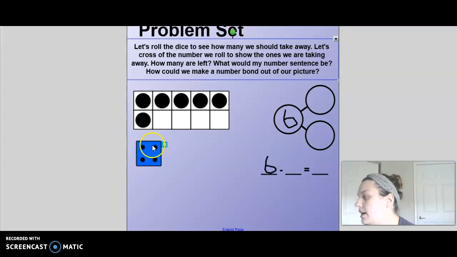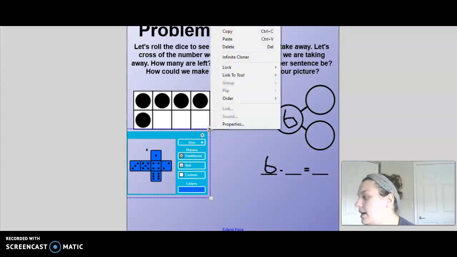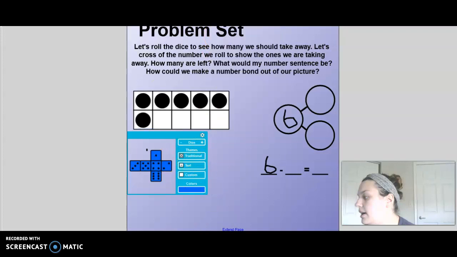Now, let's see how many we're going to take away. Well, it was supposed to roll. Let's see.